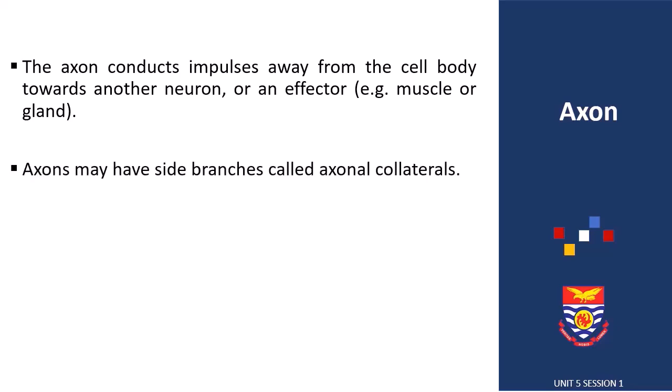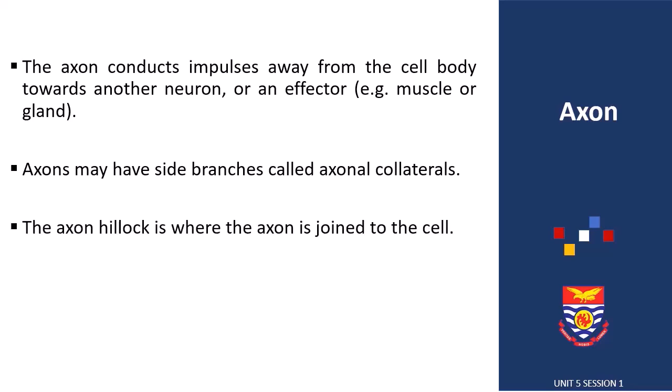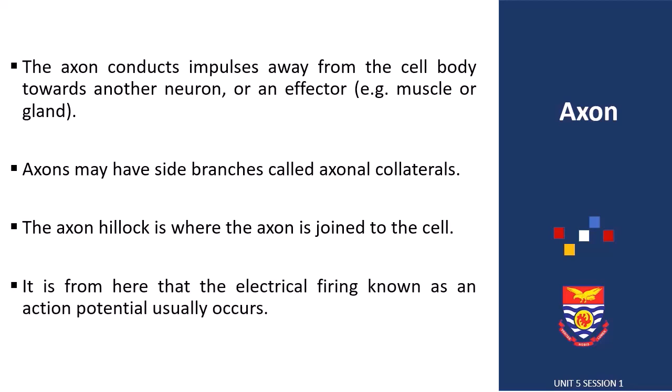As shown in the previous slide on the structure of a neuron, the axons have side branches called axonal collaterals. Also, there is the axon hillock where the axon is joined to the cell body, and it is at this point that electrical firing or action potential normally occurs.